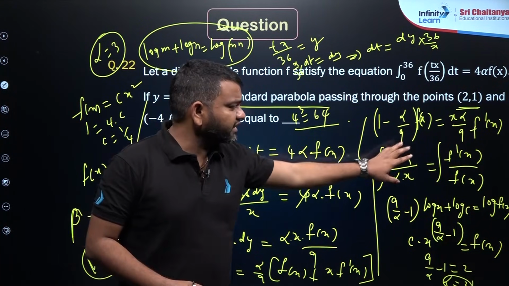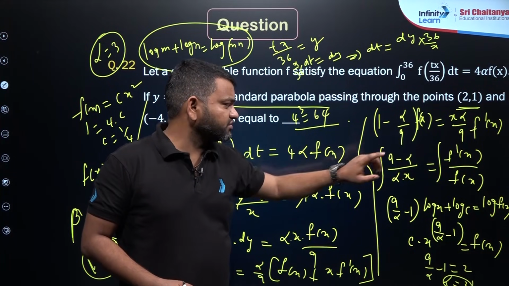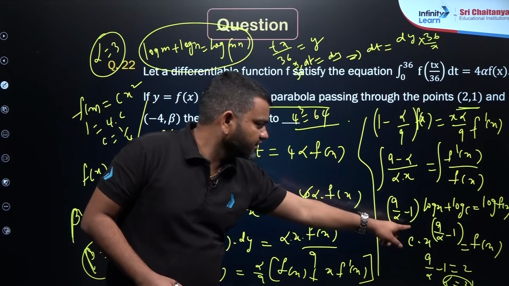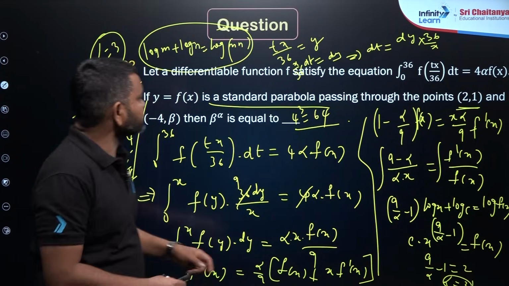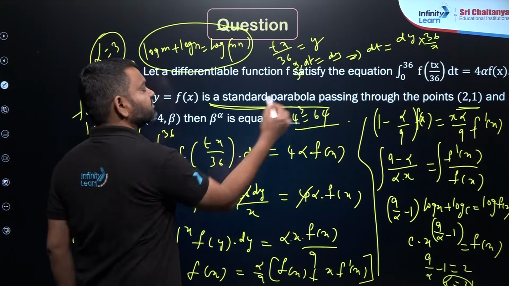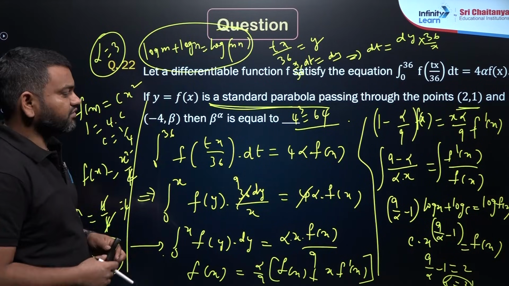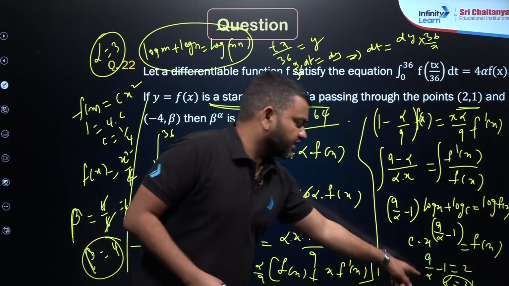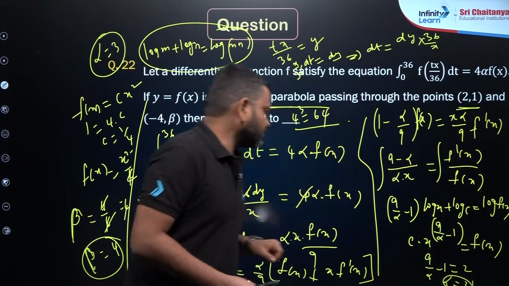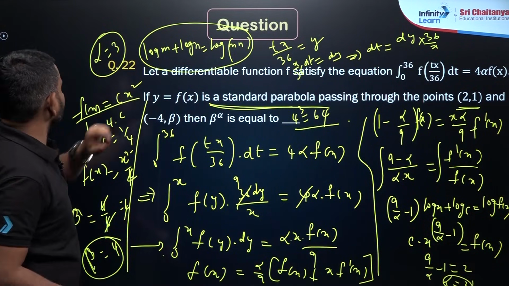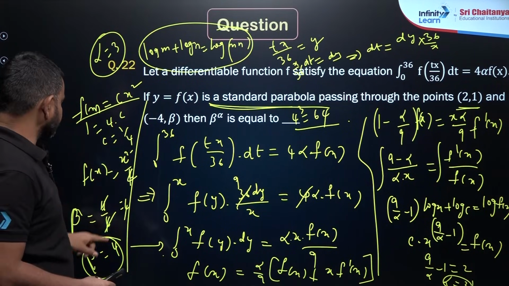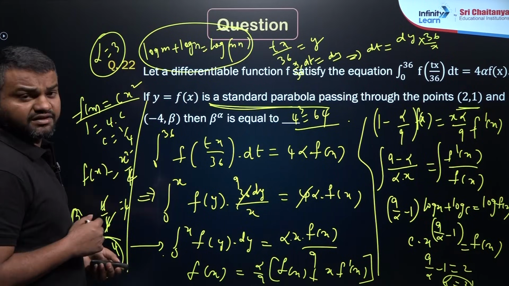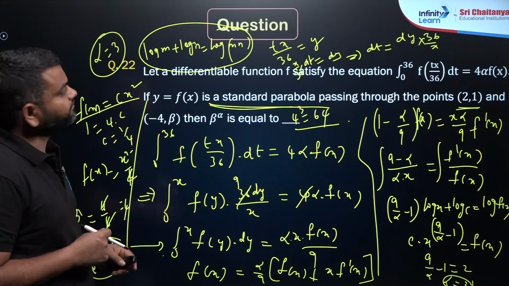Try to simplify, write f of x and f dash x on one side, constants on one side. I got this value after integration, and I was able to get c into something, but they mentioned here it is a standard parabola. So x power you need to get it as 2. So when you are writing x power as 2, 9 by alpha minus 1 is equals to 2, simplify, alpha is equals to 3, you get the parabola equation now. From there I simplified, you are getting your answer. Okay, a little bit lengthy but not so difficult question.